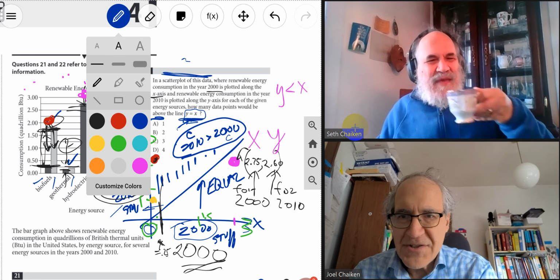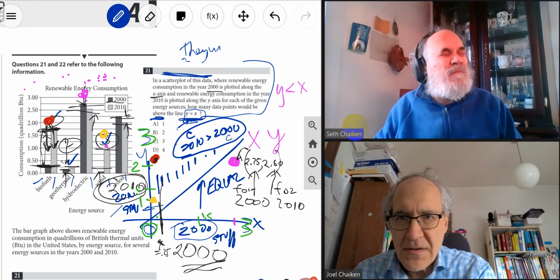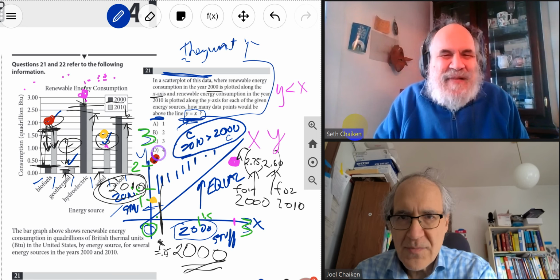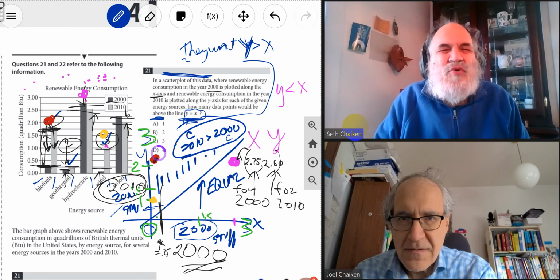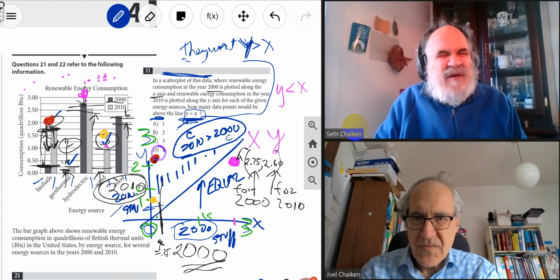Essentially, what they're asking for is they want y to be greater than x, for the points that you're supposed to count. The other 2 points are fine points.